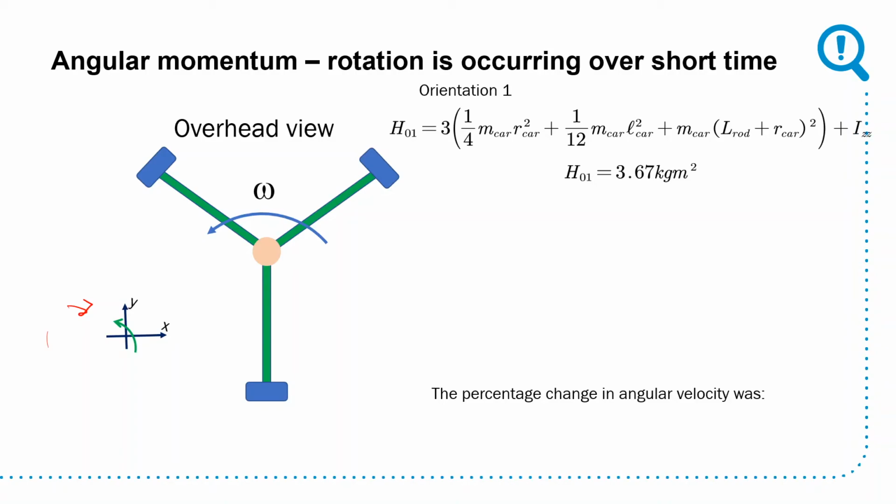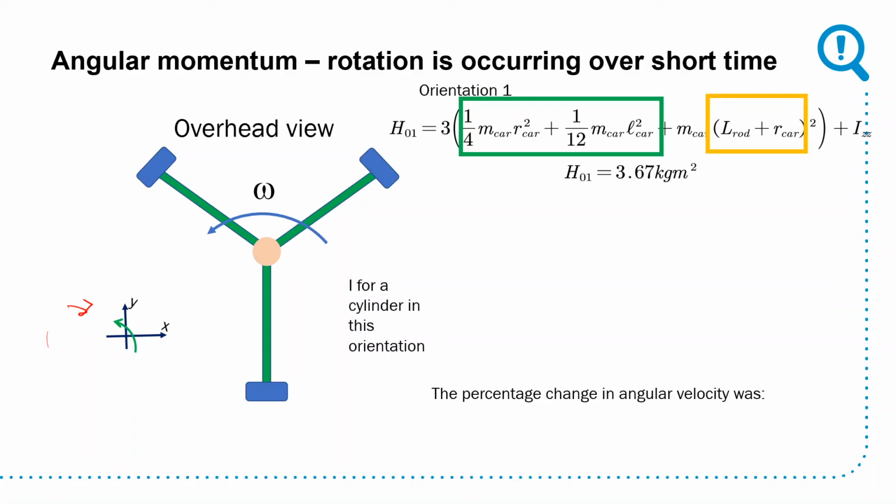So I have H01, which is 3 cars times the moment of inertia of each of the cars plus the parallel axis theorem in order to get the final moment of inertia for the system. I also have added into this IZZ, which was given at the beginning of the problem because that's part of it.